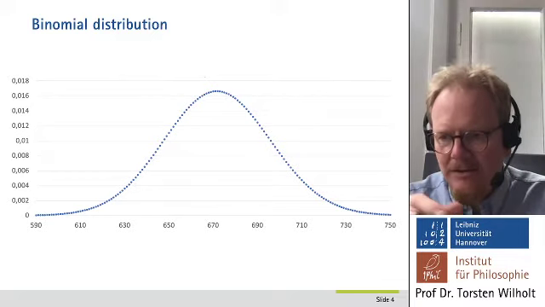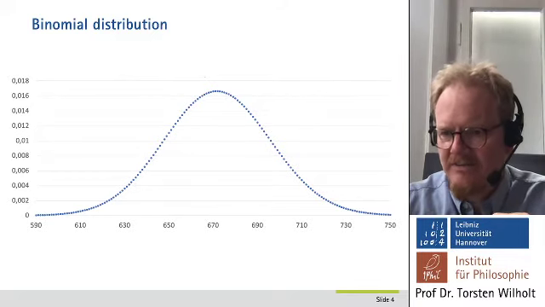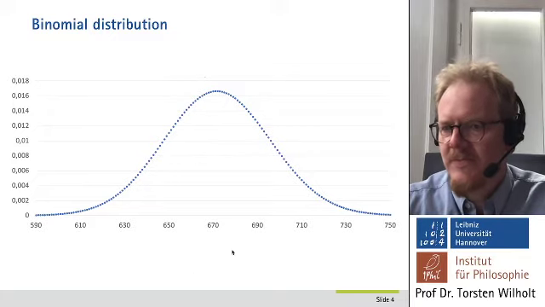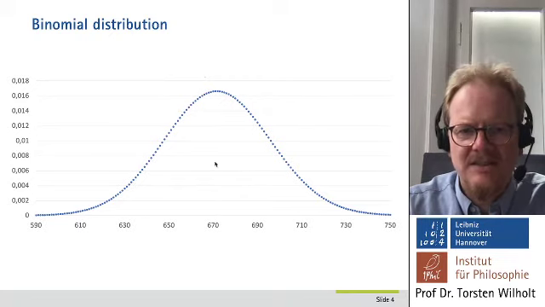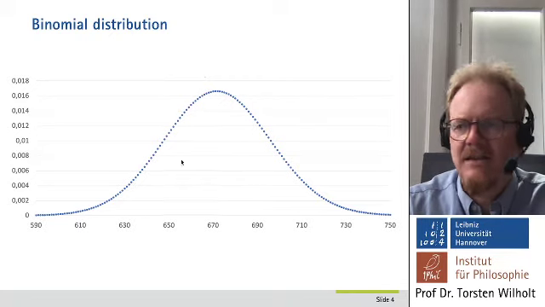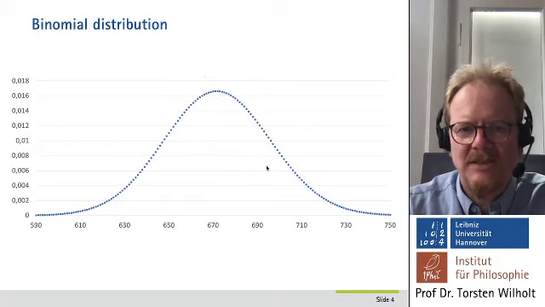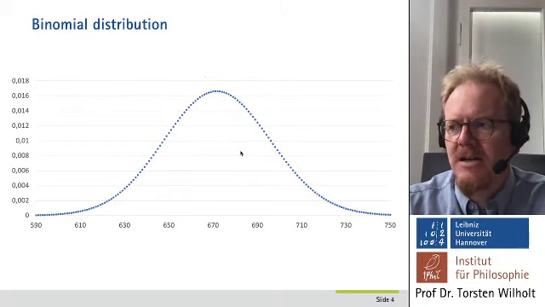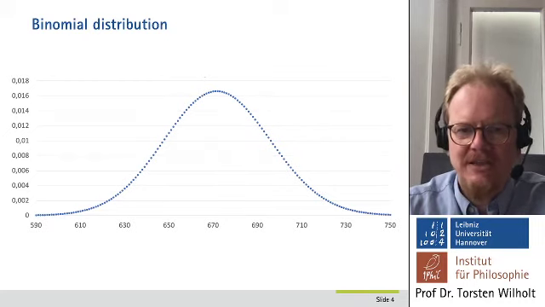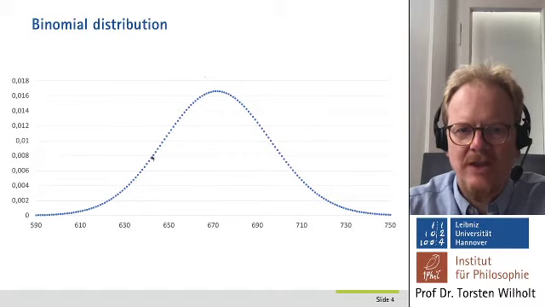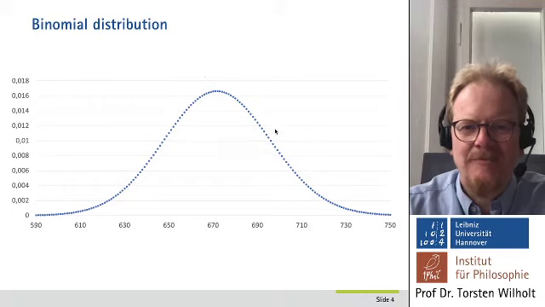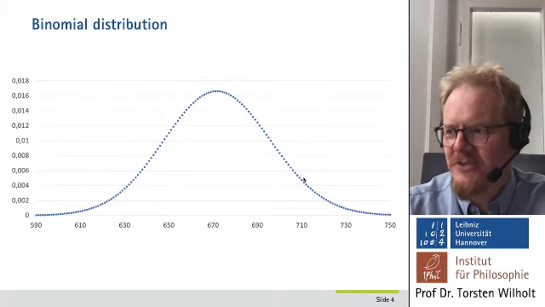So back to Ada and what all this means. We see that she is somehow entitled to expect that the actual frequency of happy hippos in her batch will be somewhere within this range where the distribution represents most of the probability.